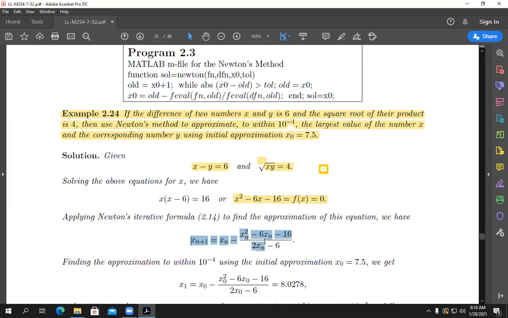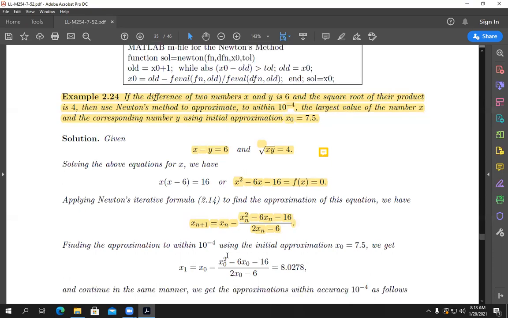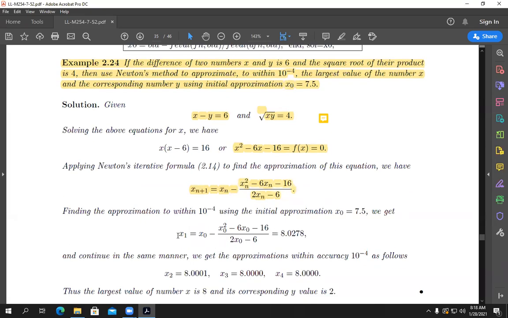Now we are ready to find whatever approximation the teacher can ask you. Let's say the example says 10 to the power minus 4, but in the exam he says 2 approximations. So you have to use this formula 2 times, first putting n equal to 0, then n equal to 1. What approximation will you get, inshallah? Is this one.